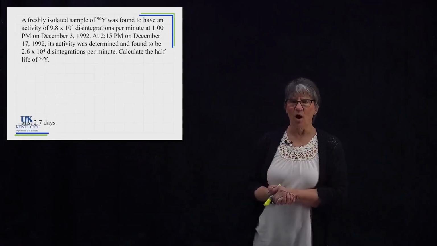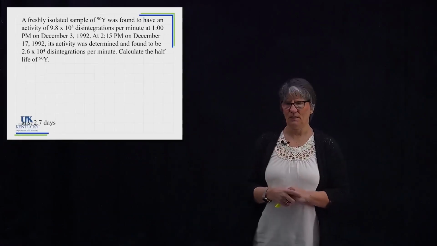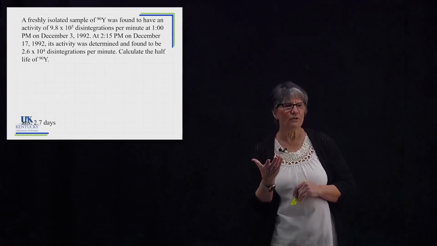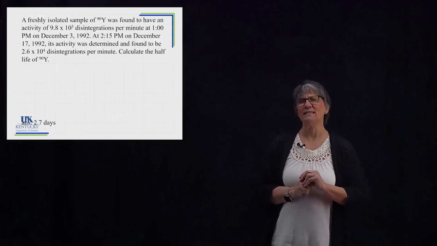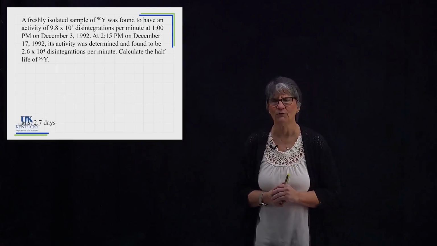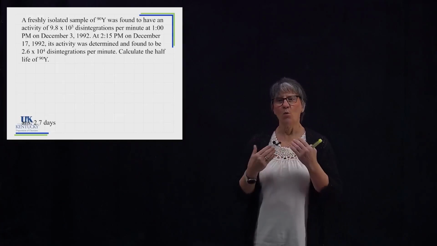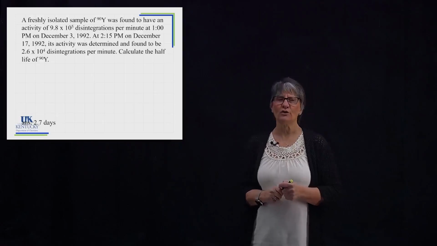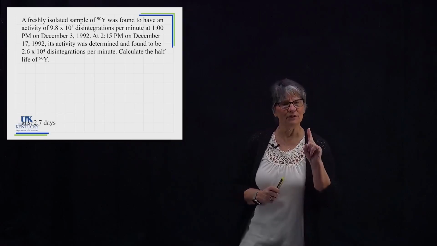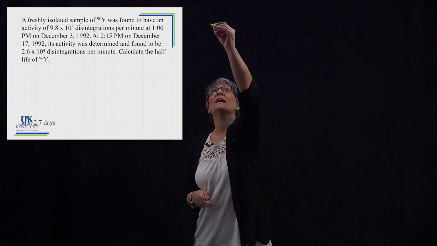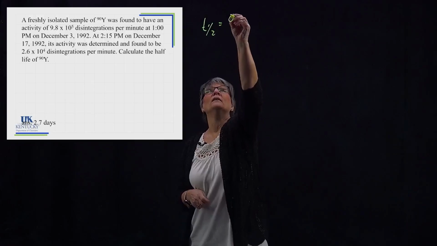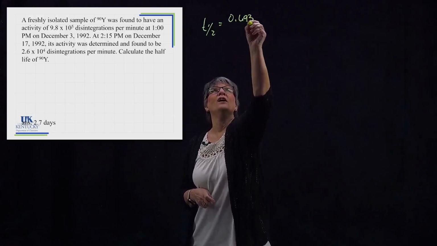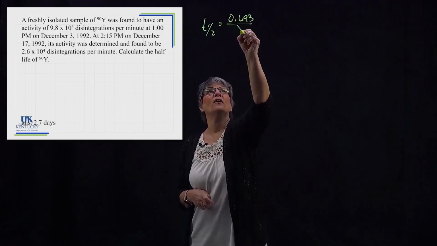So I read the problem and I see that time is given to me, okay? I see that I'm trying to determine the half-life. Pause and read through the whole thing and see what kind of information is provided for you there. Now what I know is if I'm trying to determine the half-life, and it's first order kinetics, that we can determine the half-life if I know the constant.